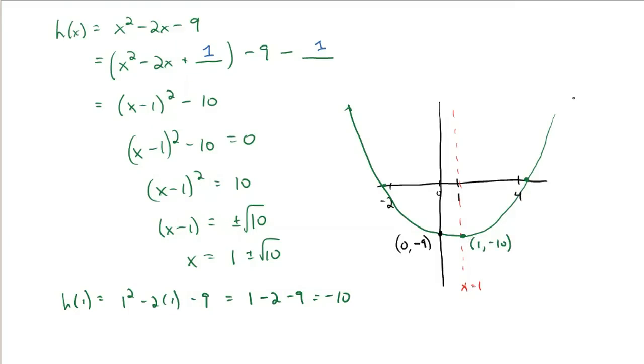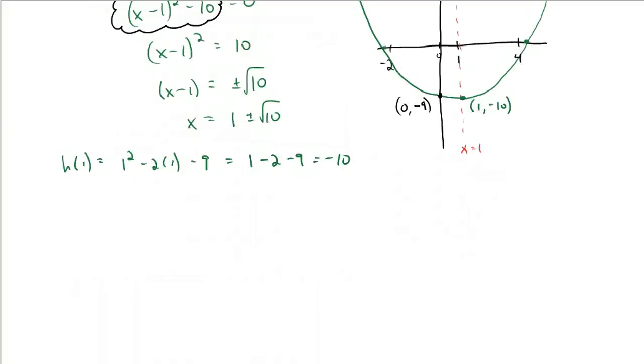Okay, now what's interesting about this is that if you look back at this form right here, it looks like the coordinates of the vertex are sitting right there, 1 and 10. and it reveals the following, what we call vertex form. So vertex form.